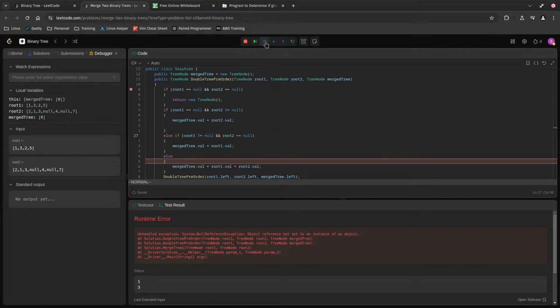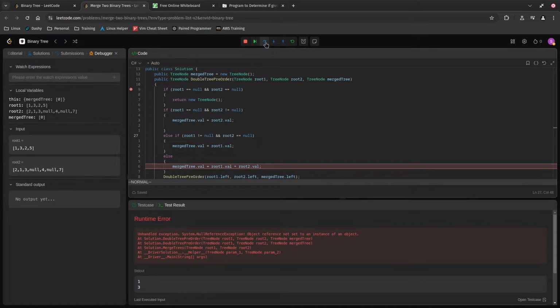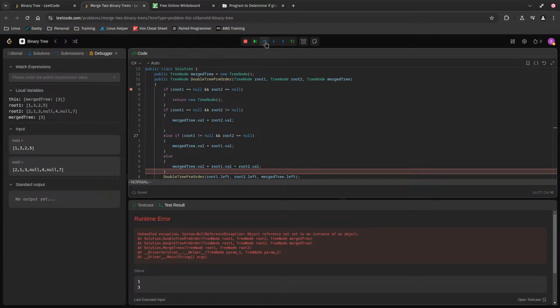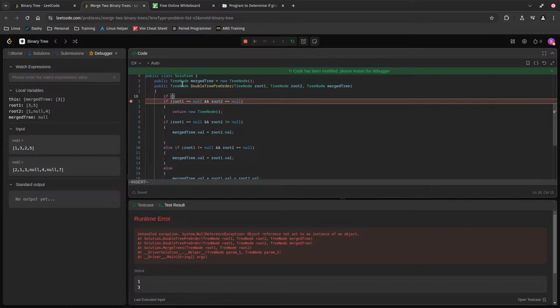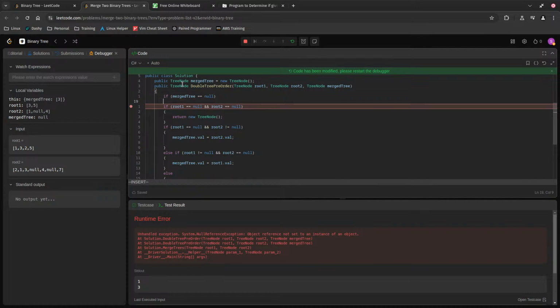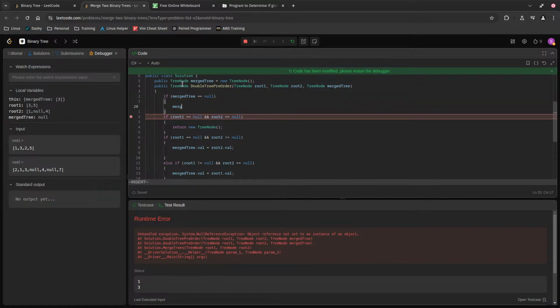But on the next iteration, we merge tree dot left, since we're passing it a null. Okay, so if merged tree is equal to null, merged tree is equal to new TreeNode.